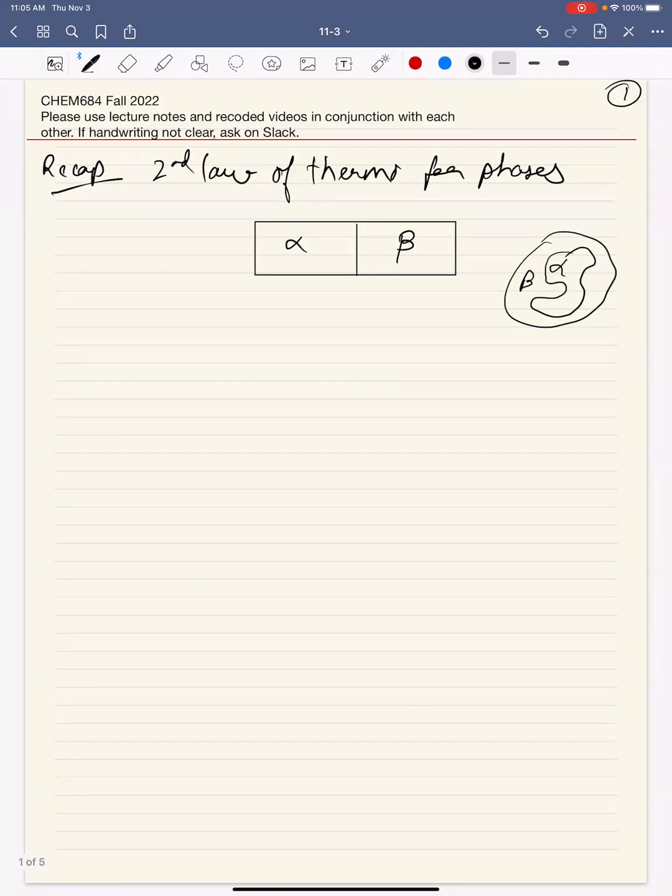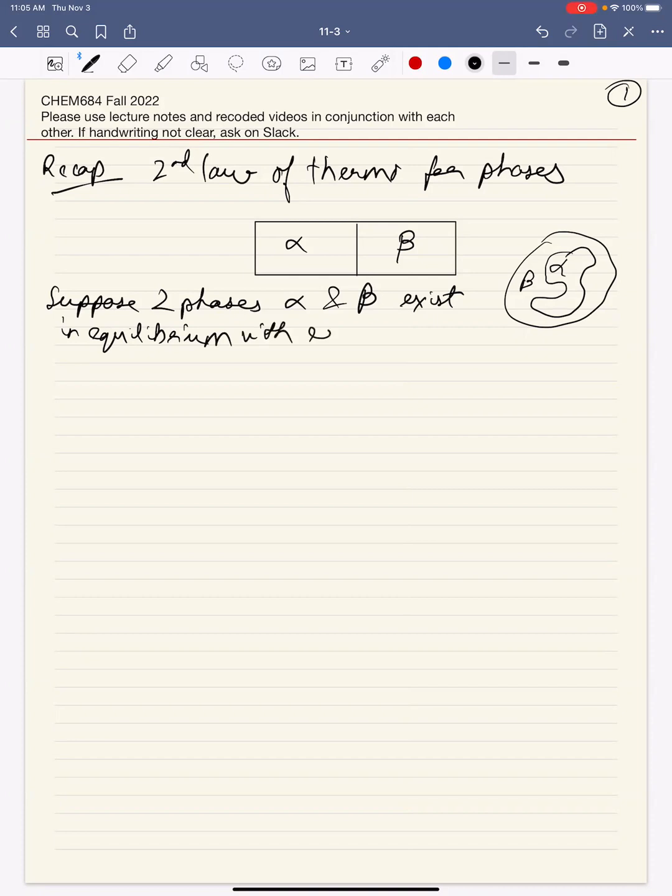So suppose two phases, alpha and beta, exist in equilibrium with each other.